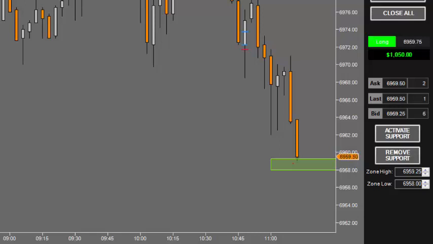Order pending. And filled long at 6959.75 was the fill. So again, small trade. Order pending. Order filled. So again, another small winning trade followed by stop being hit.